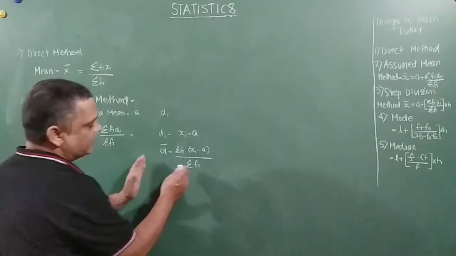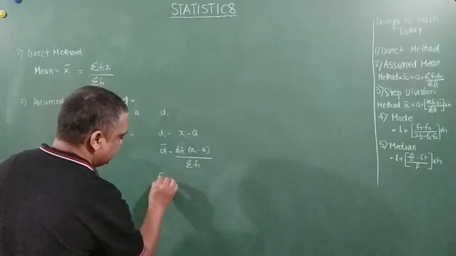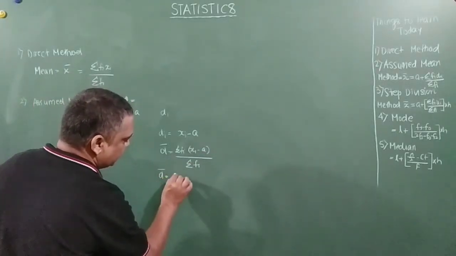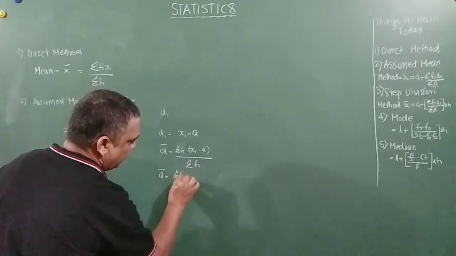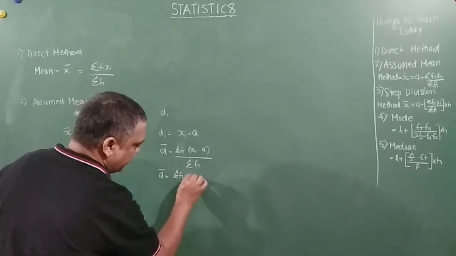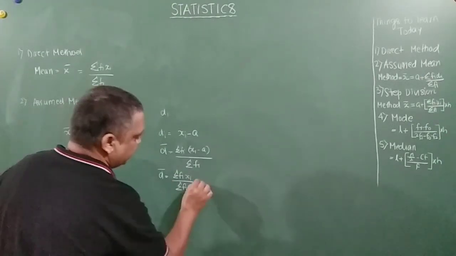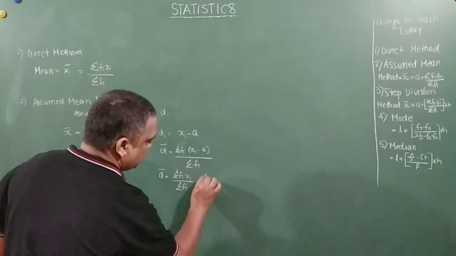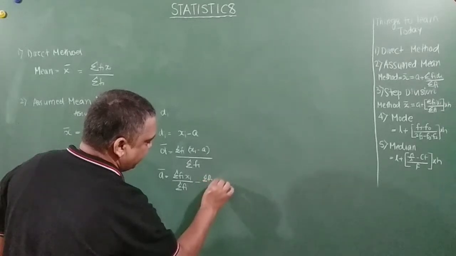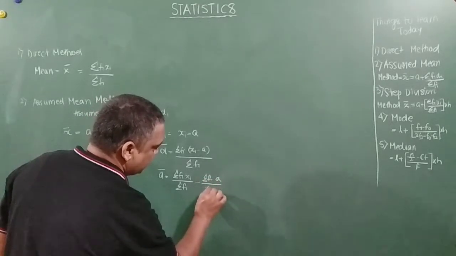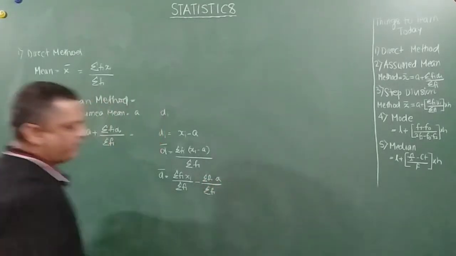Now what we will do is open up the bracket here, friends. So d bar is equal to sigma fi xi divided by sigma fi minus sigma fi into A divided by sigma fi.